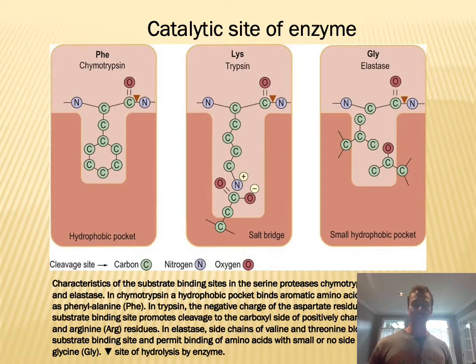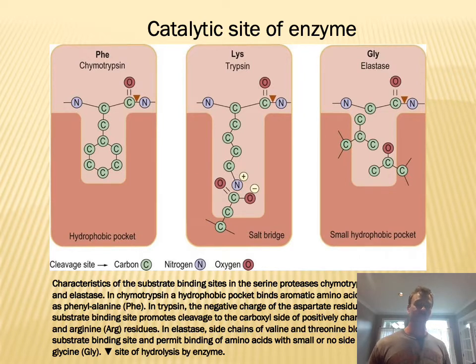So in the case of trypsin, the active site looks like this, where you have your substrate, in this case a lysine, in the pocket, and you get a salt bridge from a carboxylic acid side chain here, and so that helps orient the substrate.